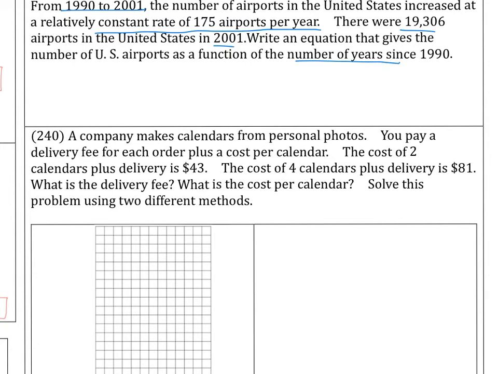So you have many pieces of information here you can first list. So y equals total number of airports. Okay, so remember this y comes from y equals mx plus b. And your x would stand for the total number of years.